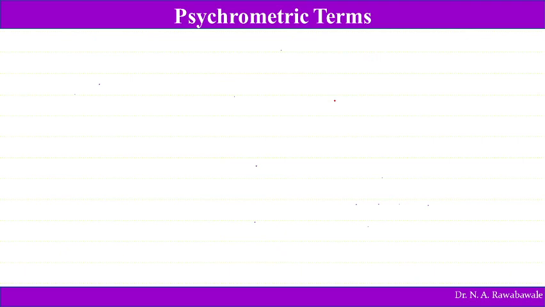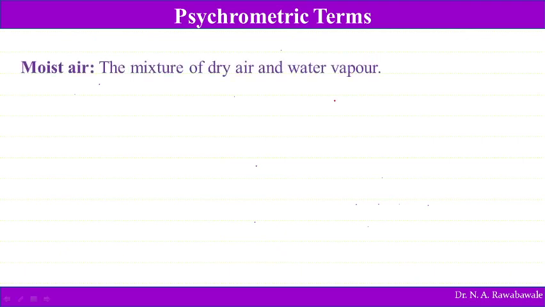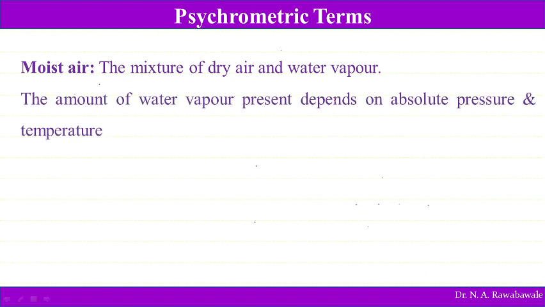Coming to the next term, moist air. Moist air is nothing but a mixture of dry air and water vapor, which we have just seen. The amount of water vapor present in moist air depends on the pressure and temperature of the air.